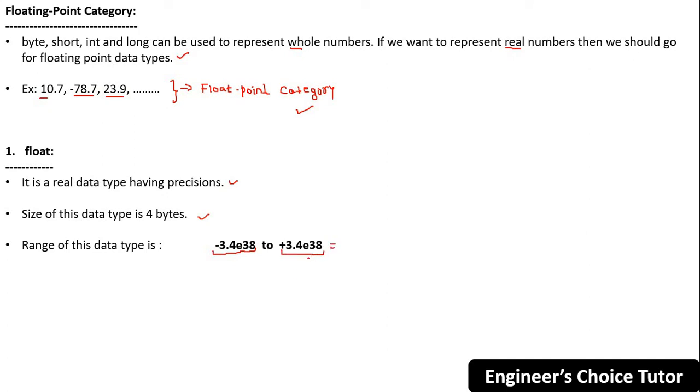It is an exponential representation. If you are really good in math, you might know these things. If not, you can Google it. It is a very simple thing, no need to worry about that.